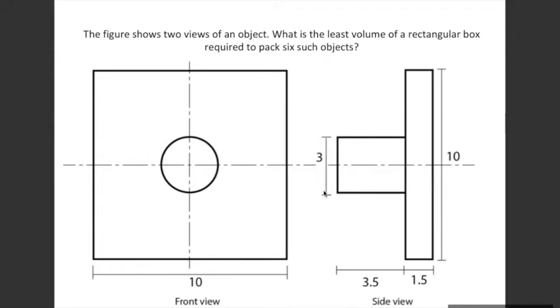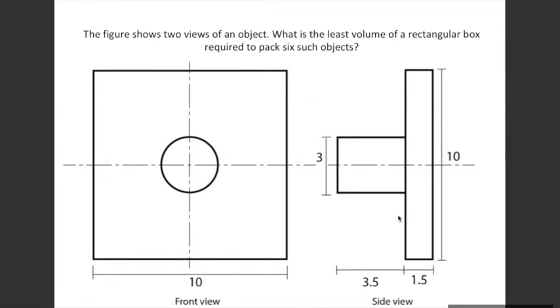Now what you have to find is the least volume of a rectangular box which can pack 6 such objects. The least volume of a rectangular box which can pack 6 of such kind of objects.